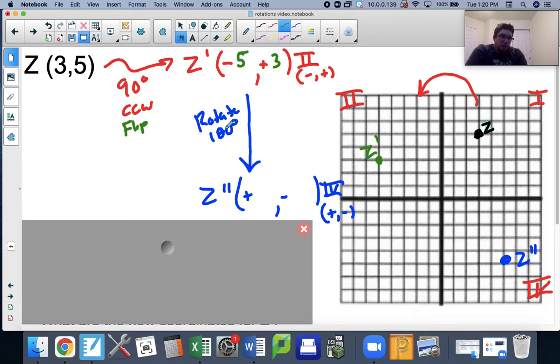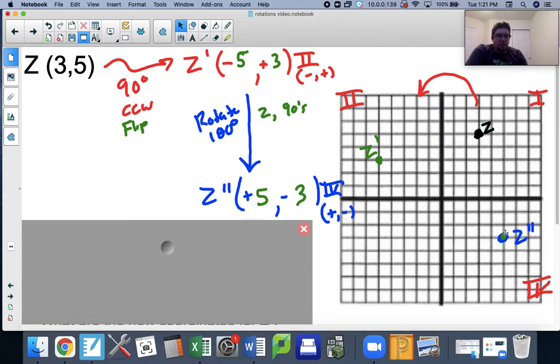And then because 180 is 2 90s, the order of our points have switched, but then they have actually switched back to being 5, 3. So Z double prime is right there.